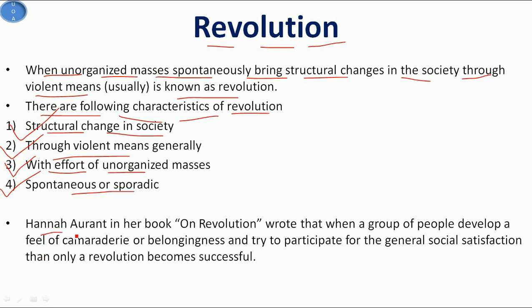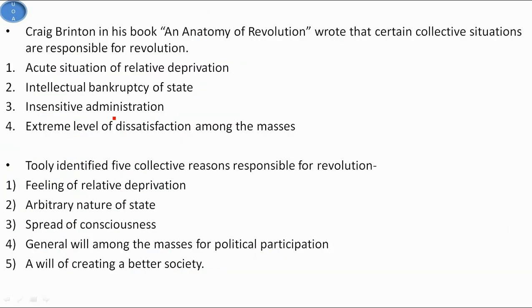Hannah Arendt in her book On Revolution wrote that when a group of people develop a feeling of belongingness and try to participate for general social satisfaction, only then does a revolution become successful. Crane Brinton in his book The Anatomy of Revolution wrote that certain collective situations are responsible for revolution.